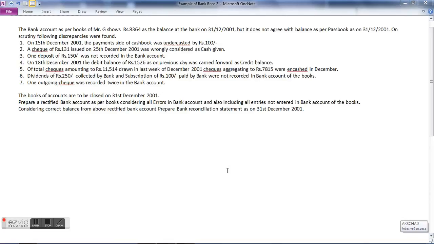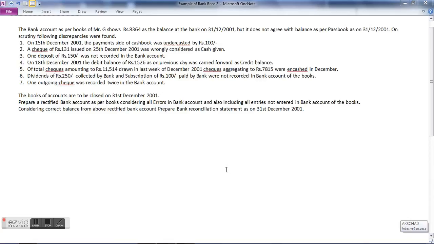The dividend of rupees 250 collected by the bank and a subscription of rupees 100 paid by the bank were not recorded in the bank account of the books. One outgoing check was recorded twice in the bank account.